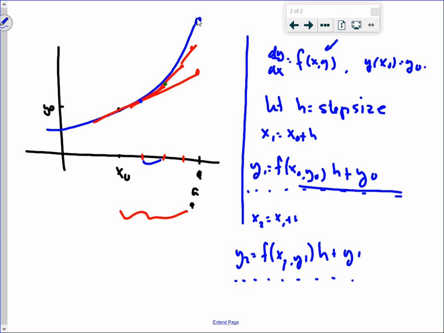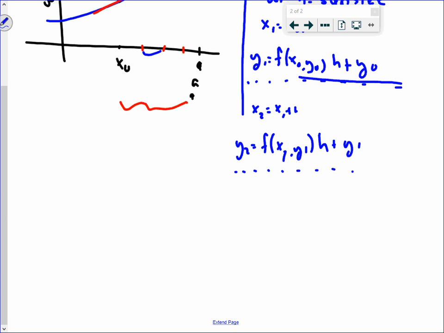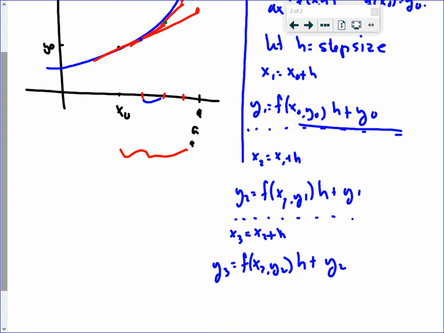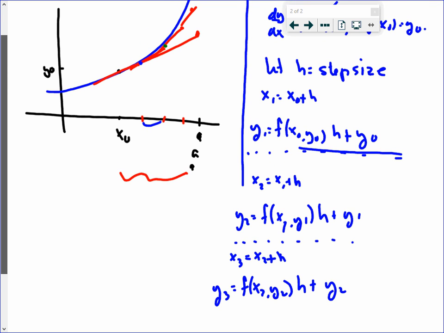Let's do x3 just to make sure we have the pattern here. x3 would be x2 plus h. And then y3 would be f of x2, y2 times h plus y2. And picture-wise, that means we go off on this tangent a little bit to another point.